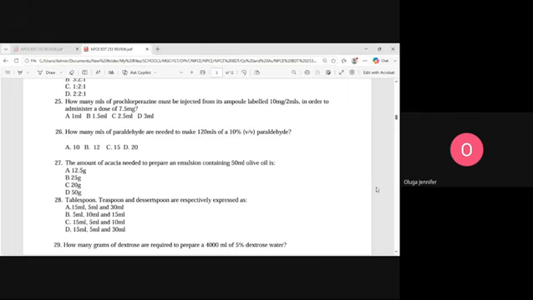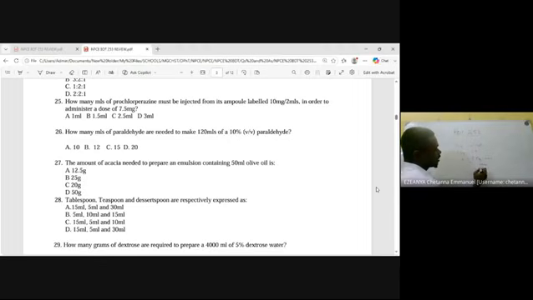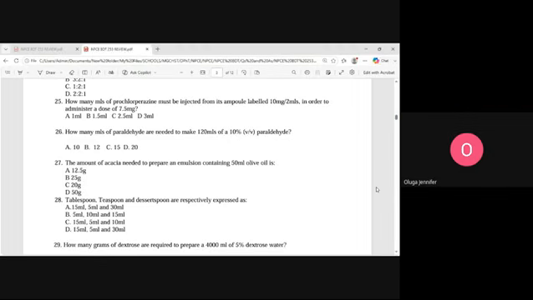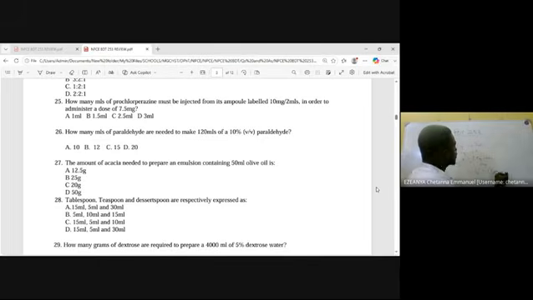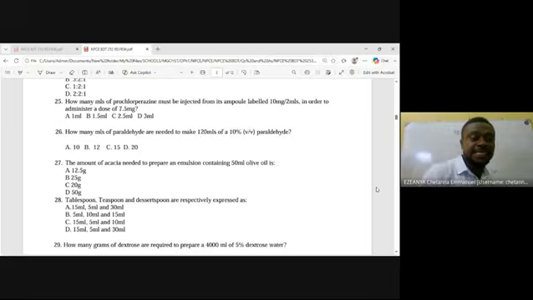If you divide it by 10 it gives 1.5. Yes, I agree with you. 1.5 mil. The answer is B.